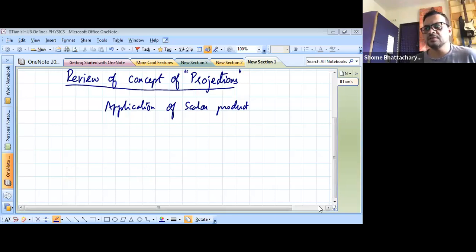Resend the assignment. I have already sent it on the group. Okay, I'll resend it again at another stage.